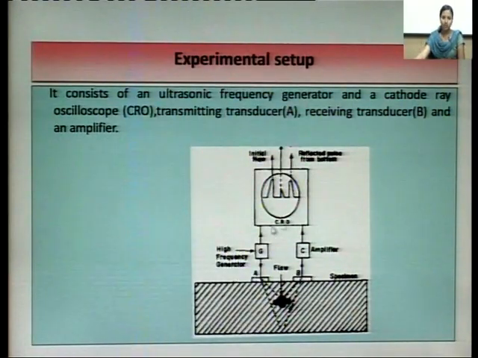The experimental setup consists of an ultrasonic frequency generator, a cathode ray oscilloscope CRO, a transmitting transducer A, a receiving transducer B, and an amplifier.